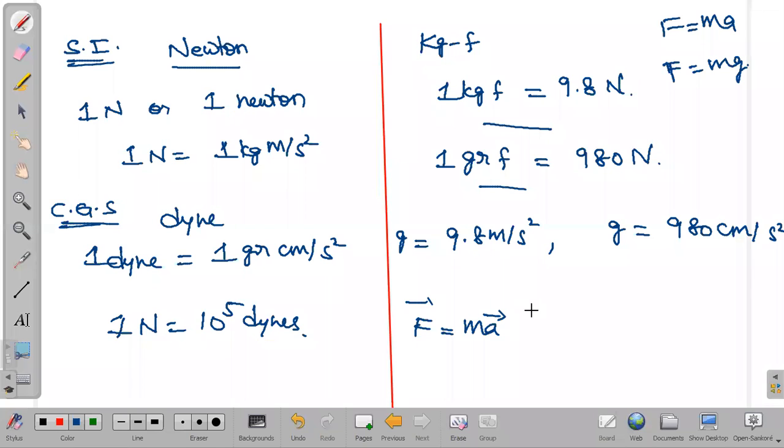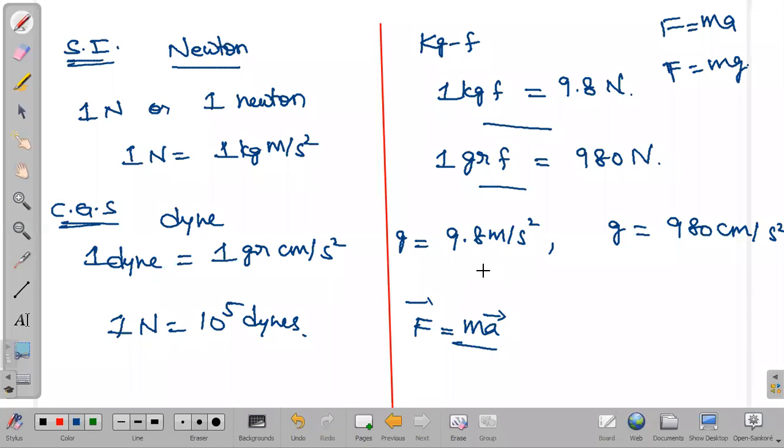If the mass is not constant, if it is changing, if it is not finite, we cannot apply this. Very minute particles like electrons and neutrons will have mass, but for them we cannot apply this easily.